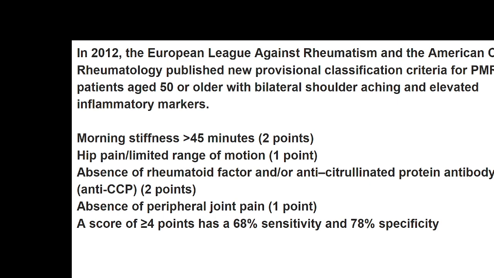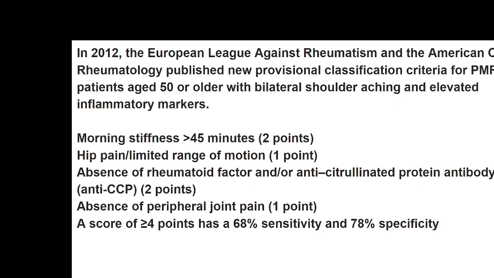Inflammatory markers like cytokine levels also being raised is one of the newer added conditions. In the 2012 modification of the guideline, morning stiffness of more than 45 minutes gets 2 points, and hip pain with limited range of movement of the hip gets 1 point.